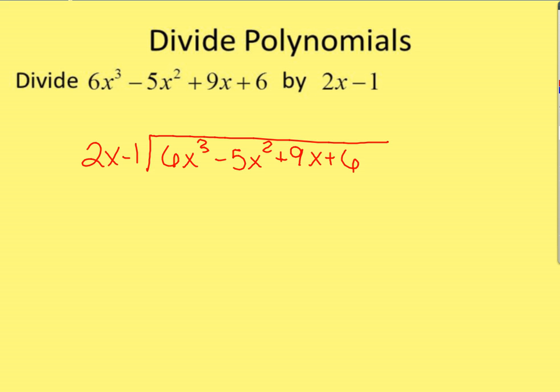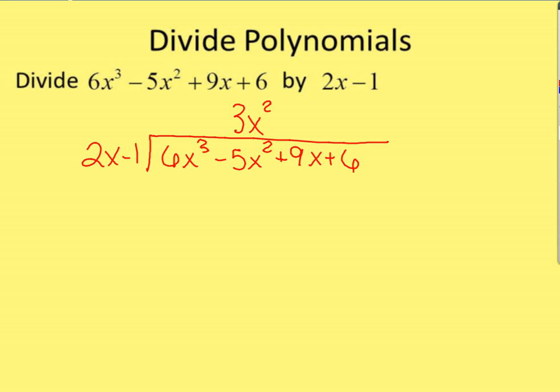But if we go to divide this, what do we need to multiply 2x by? So it looks like 6x to the third. Well, this is x to the first, this is x to the third, so we are going to need to multiply by x squared.